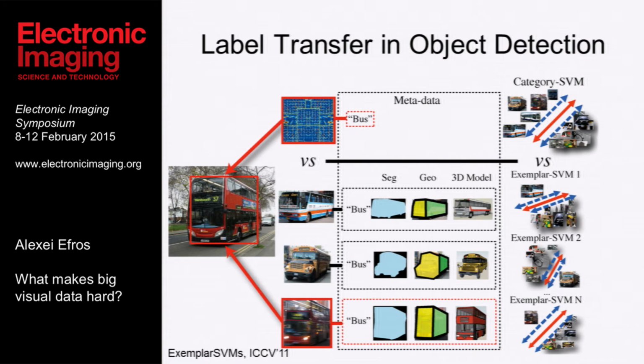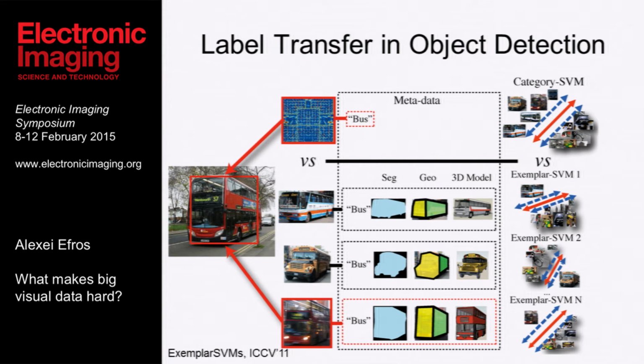We wanted to find exact correspondence, the most similar bus from your bus collection. So instead of a single detector that just did bus, non-bus, what we had is an ensemble of what we called exemplar detectors, where every bus was a classifier, and every bus says, how much does this thing look like me?